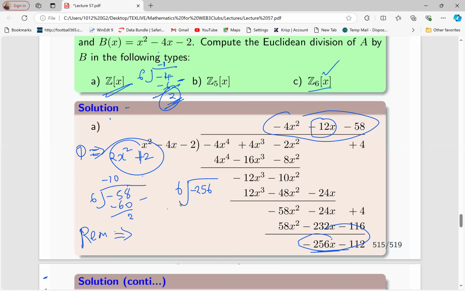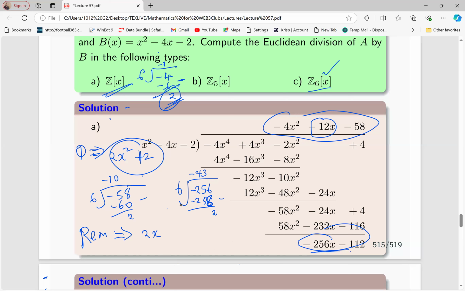So what I write here is negative 43. Negative 43 times 6 would give me negative 258. When I subtract this, I get 2. So again, I've gotten 2.